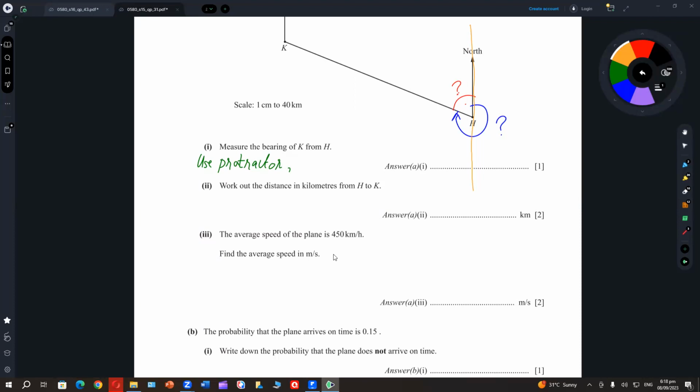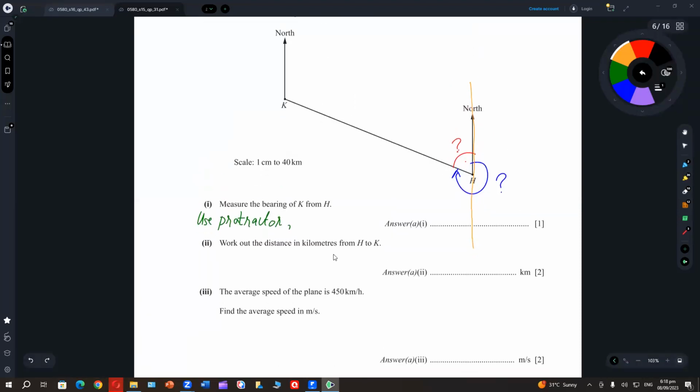Work out the distance in kilometers from H to K. But the plan would be there. I will measure the angle theta. Wait, sir, for today, do you think we should just leave this question? But I have to show you the working. Later, you just have to put the protractor.